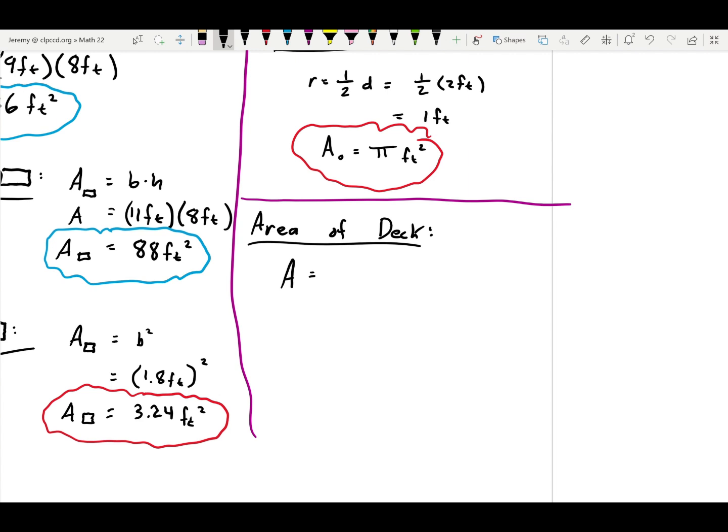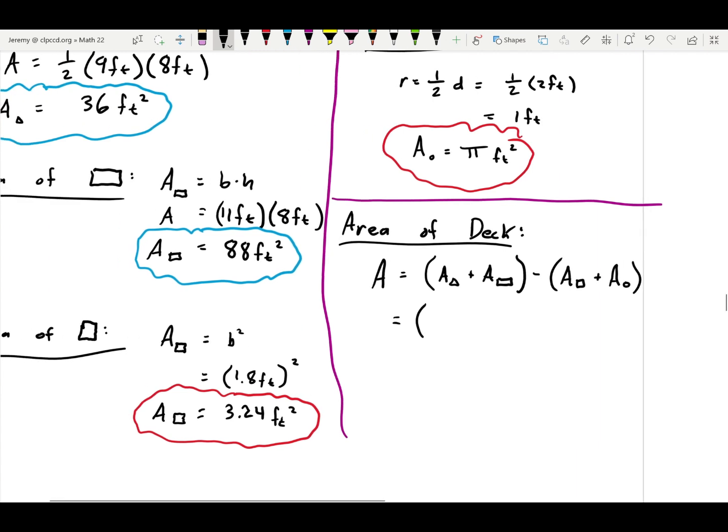And remember, our strategy is the positive area is going to be the area of the triangle plus the area of the rectangle. And we're going to subtract from that the area of the square and the area of the circle. So let me substitute in these values.